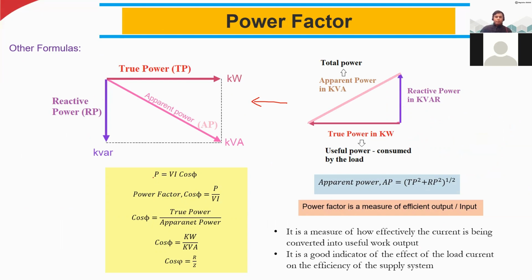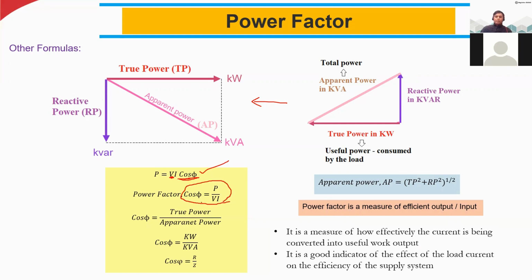So we know the power equation, another formula for power, that is P is equal to VI cos phi, right? VI is the normal power, and when we consider the angle, then we put this cos phi. So now power factor is equal to cos phi is equal to P divided by VI. That is the equation.